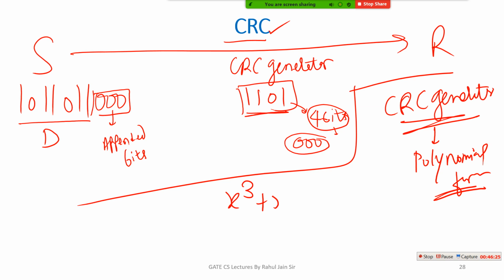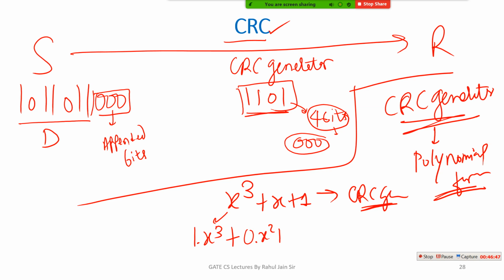You will generate the CRC bits by rewriting it as 1 into x cube plus, we don't have anything with x square, so we will write it like 0 into x square plus 1 into x plus 1 into x to the power 0. We will rewrite it like this and will conclude that CRC generator bits are 1, that is this, 0, that is this, 1, that is this, and 1. Means our CRC generator bits are 1 0 1 1.